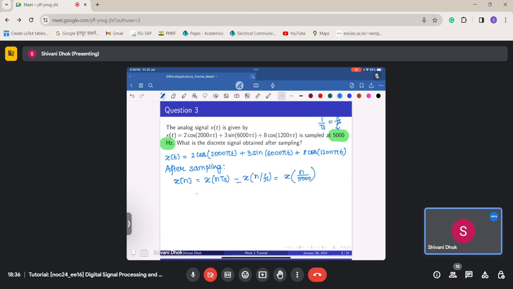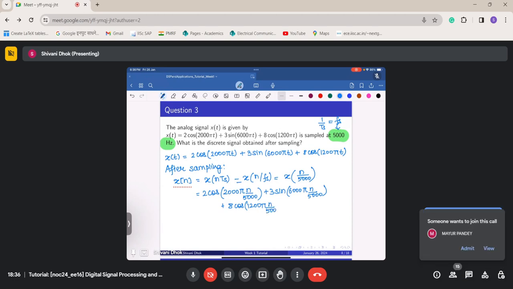So if I do that, what I have is 2 times cos of 2000 pi n upon 5000 plus 3 times sine 6000 pi n upon 5000 plus 8 cos 1200 pi n by 5000.